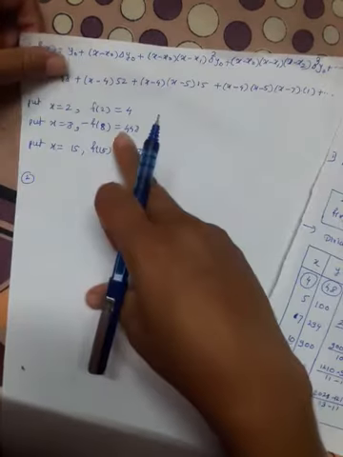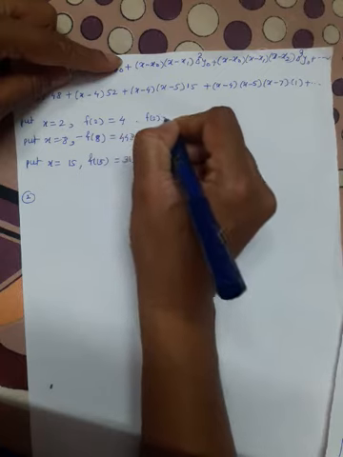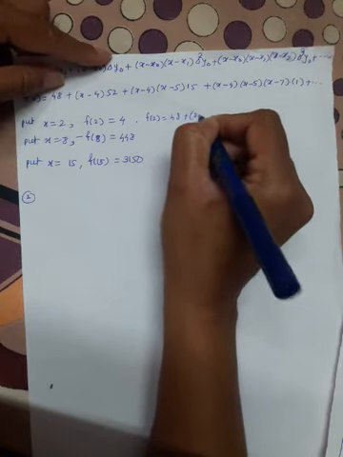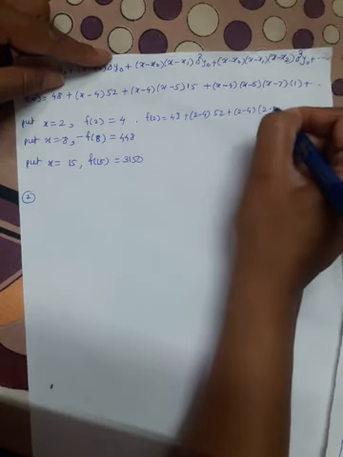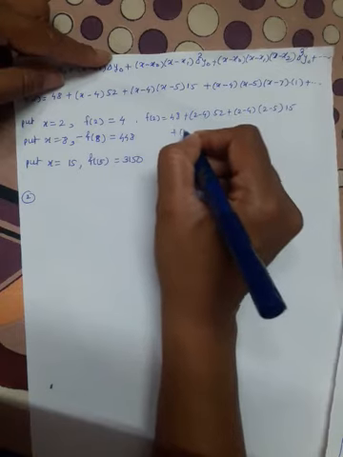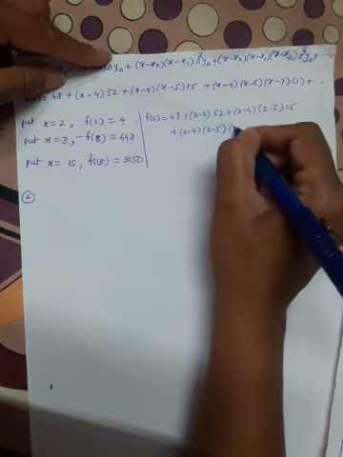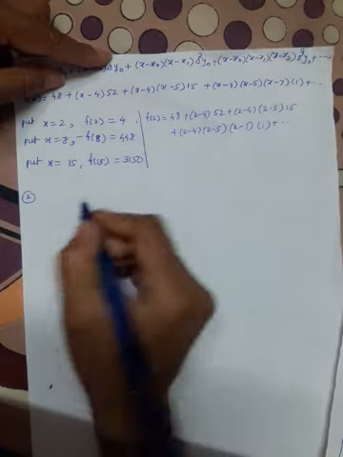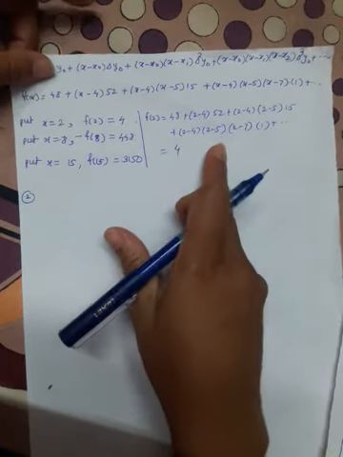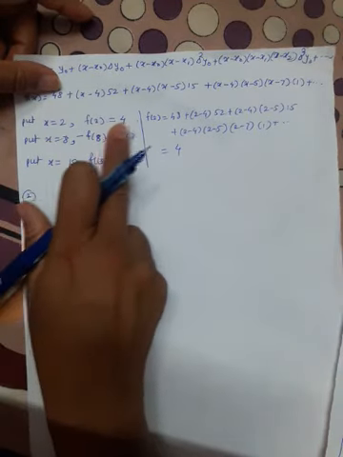This is homework for you: write f of 2 like this. f of 2 is equal to 48 plus (2 minus 4), 52 plus (2 minus 4)(2 minus 5) into 15 plus (2 minus 4)(2 minus 5)(2 minus 7) into 1, and the fourth one is 0, that's why, but the answer is 4. You have to write this step for every answer. For x equal to 2, we get this 4.